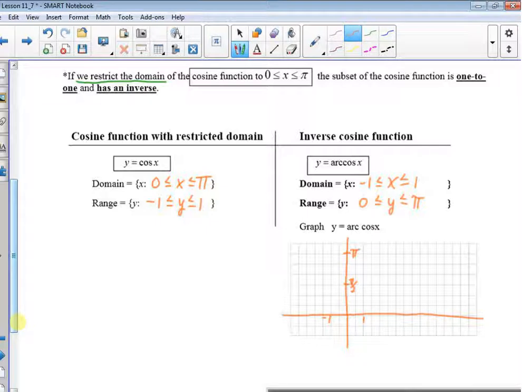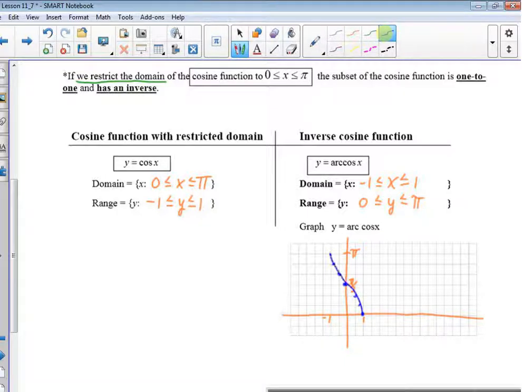So I'm going to first graph 1, 0. So here's 1, 0. And then 0.866, 30, 0.5, 60, and 0, 90. -0.5, 120, -0.866, 150, and -1, 180.